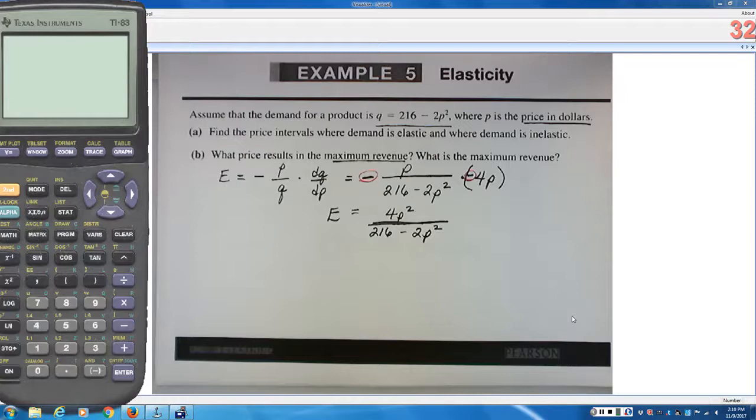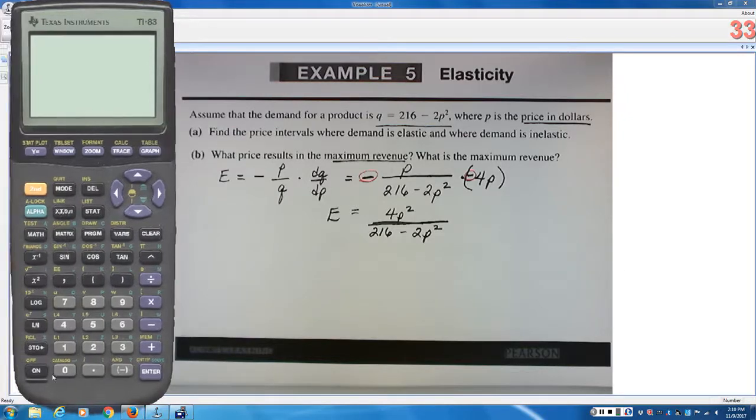So let's just graph it and see if we can figure out where it has zeros. Where is it positive? Where is it negative? And we can do that actually lots of different ways. We could even look at a table of values. So I'm going to go here to my calculator, and my numerator is 4x squared divided by the quantity 216 minus 2x squared.